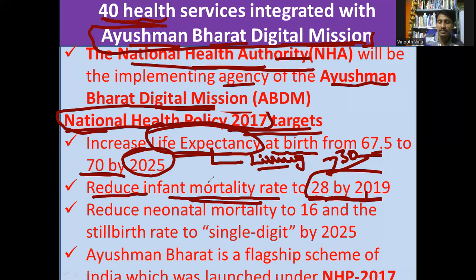It is the number of deaths of infants, children who have not completed 1 year, in a year before completing their first birthday, calculated per thousand births. That is called the infant mortality rate.